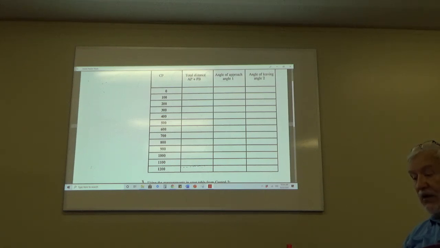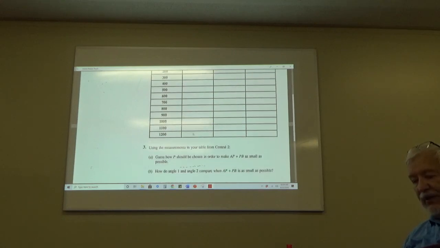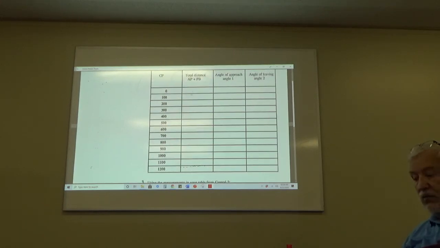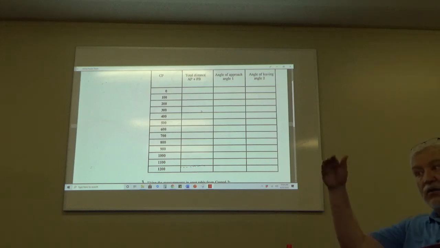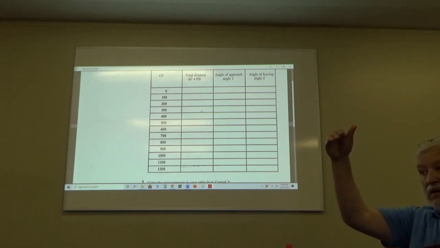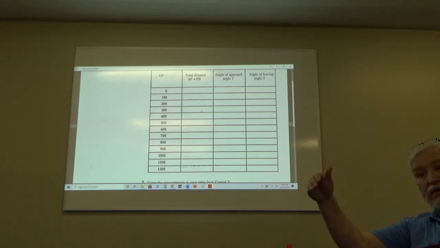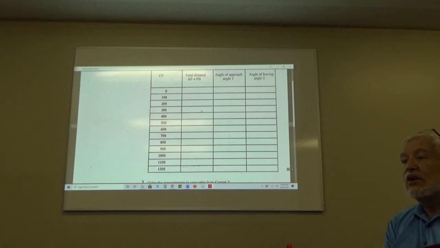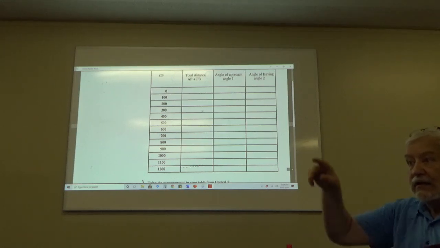And so when you start, what can you sort of predict is going to happen here? What should happen with these numbers? It should start relatively large and then begin to go down until it reaches the minimum and then start going back up.